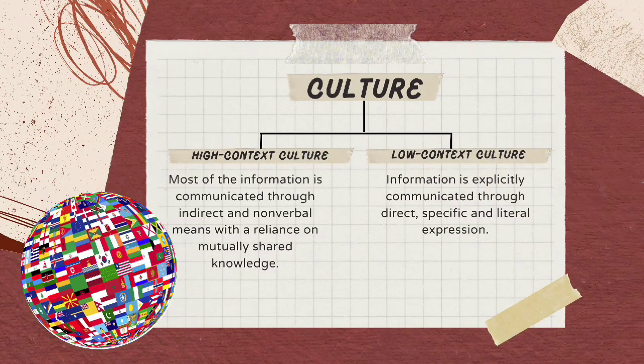Low context culture. Information is explicitly communicated through direct, specific, and literal expressions. In direct communication, the speaker's intentions and views are made clear by the use of clear, direct speech and a forthright tone of voice.